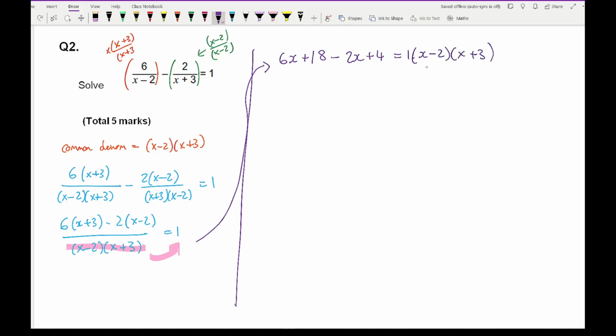So if I neaten all this up, I get 4x plus 22 equals, and if I expand the right hand side, I get x squared plus x minus 6. And then I'm going to take all of this over to this side, so what I end up with is x squared minus 3x, and then minus 28 equals 0.